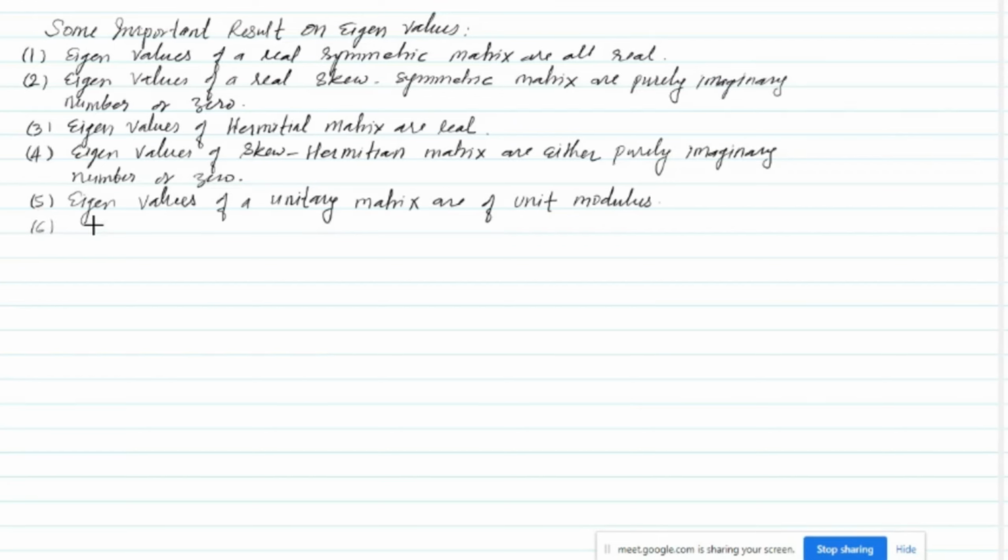The sixth result: eigenvalues of an orthogonal matrix are of unit modulus.